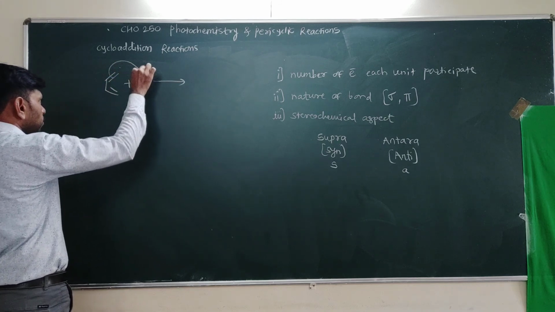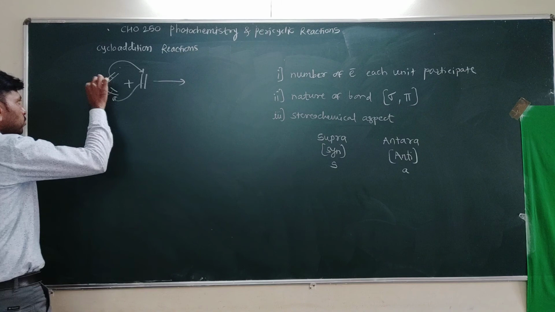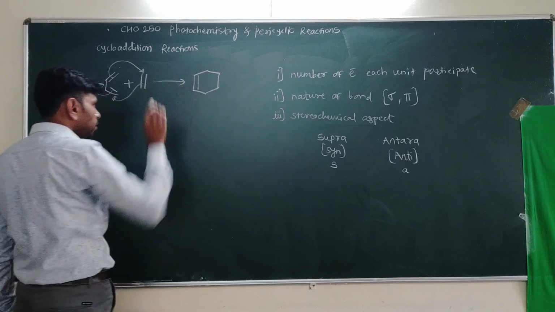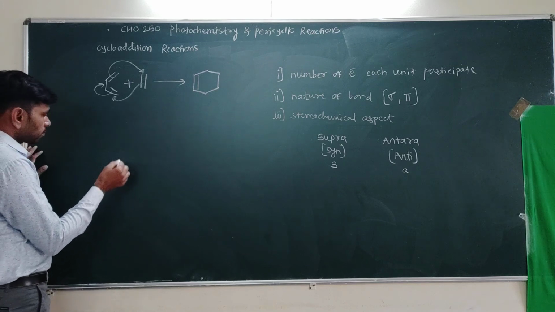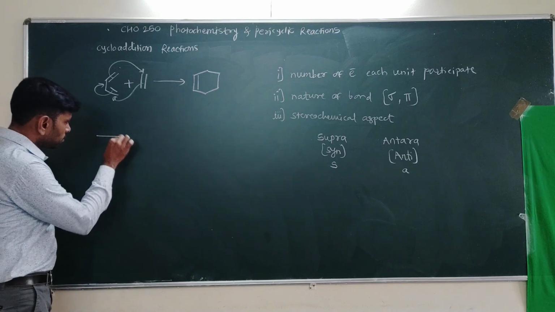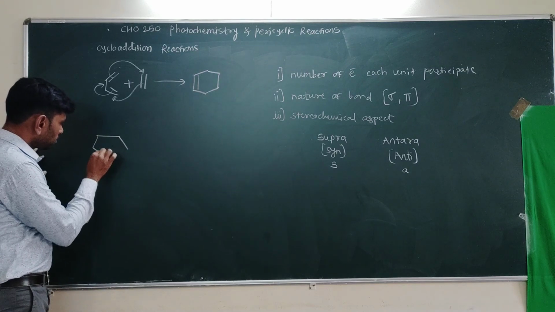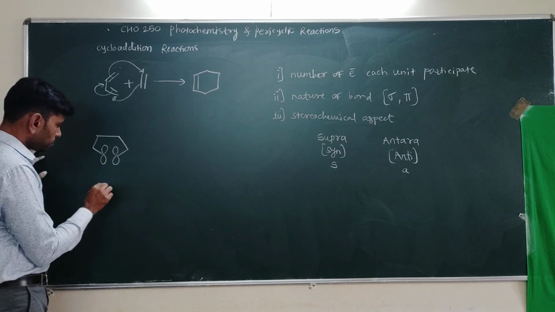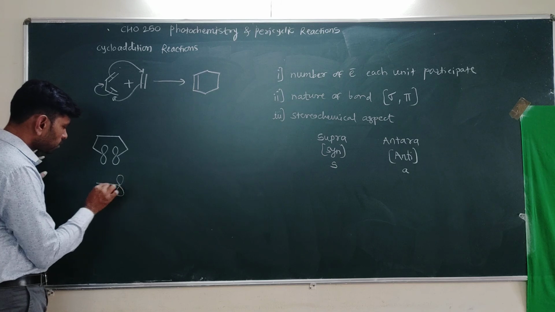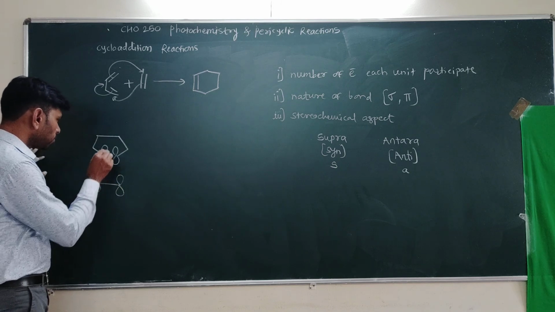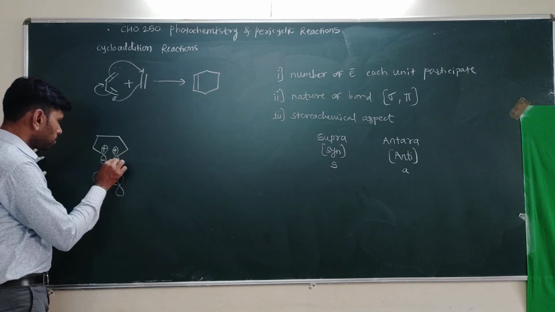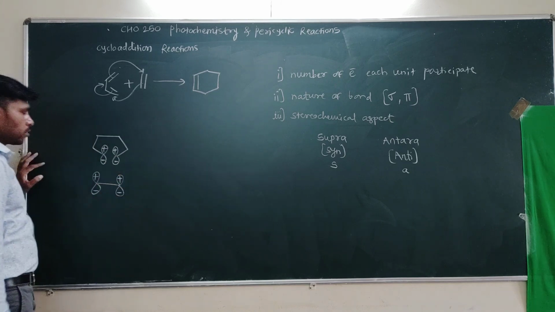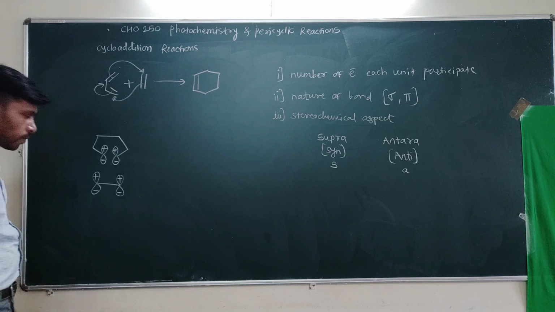Now this 4 pi electron system interacts with the 2 pi electron system to form a cyclic product, and this is a cycloaddition reaction. Now in this case, see, these are the end orbitals, the 4 pi electron system, and this is the 2 pi electron system.